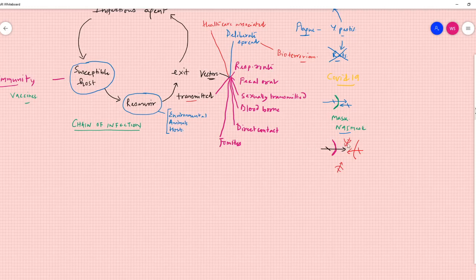Here we are saying it is spread through the respiratory route, and this is our intervention arm: we are using a mask. Similarly, with the mode of transmission, we can interfere in all these areas and prevent the incidence of an infectious disease.